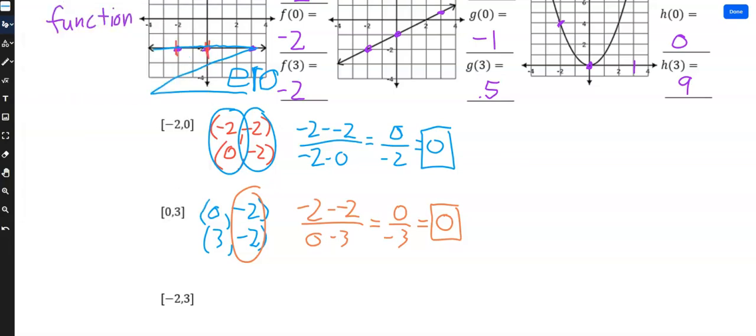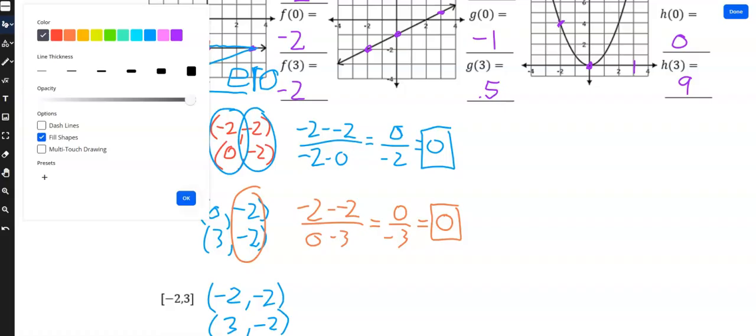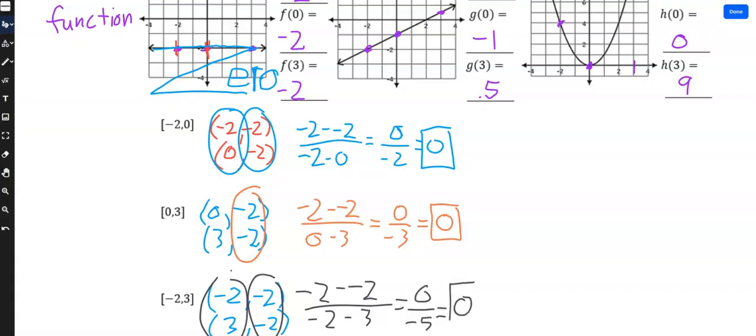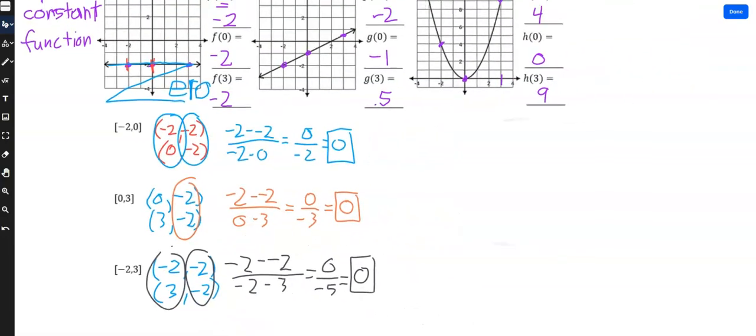So if we're going from -2, -2 to +3, -2, and then we're going to go through the process. Difference in the y values over difference in the x values. So 0 over -5, still 0. So every single time you did that, you came up with a 0 for the slope.